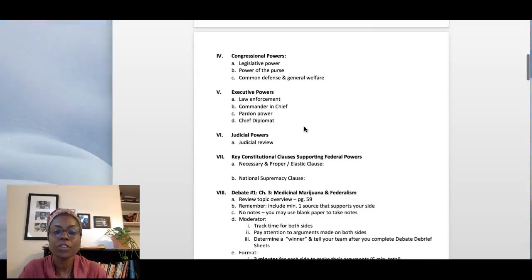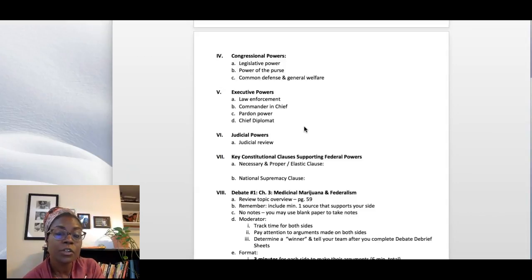So with regards to congressional powers, Congress has the power to create laws. That's considered to be legislative power. The power of the purse means the power to levy taxes and raise money through taxation. The power of common defense and general welfare is really important because there are many powers contained in that statement.